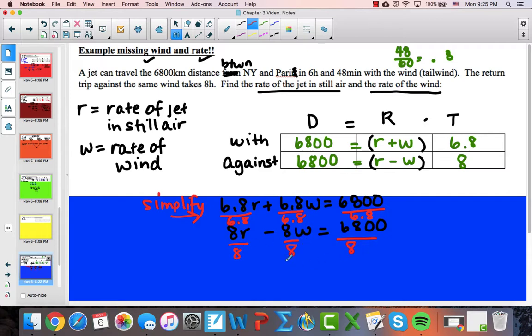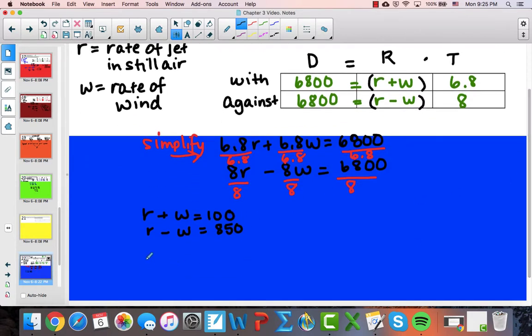So my new equations work out to be R plus W equals 1,000 and R minus W equals 850. Look how nice that is. It's now set up for us to beautifully do elimination.